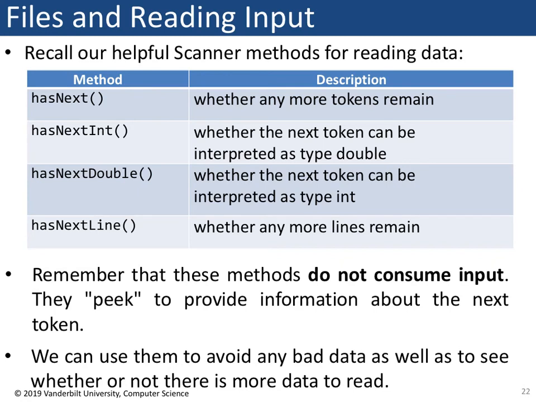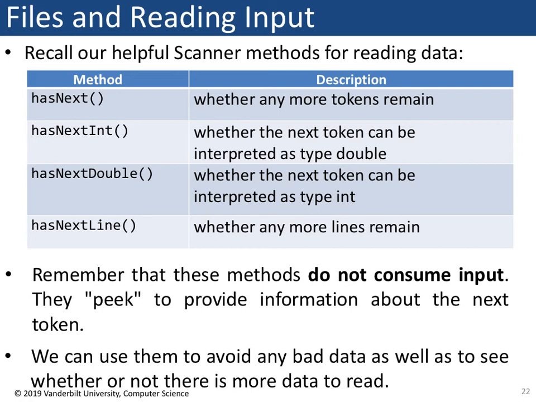So these methods don't consume input, so they don't move the input stream pointer, but they do peek to tell us what is in the input stream. So we can use these to avoid reading the wrong kind of data at the wrong time.